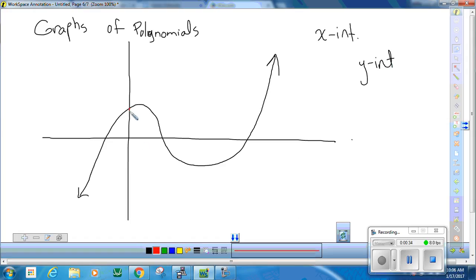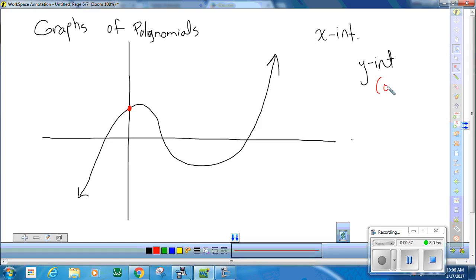So if you recall, a y-intercept is where it crosses the y-axis. Now polynomials are functions. That means they pass a vertical line test, so you cannot have more than one y-intercept. And you are always going to have a y-intercept when it comes to polynomial functions.